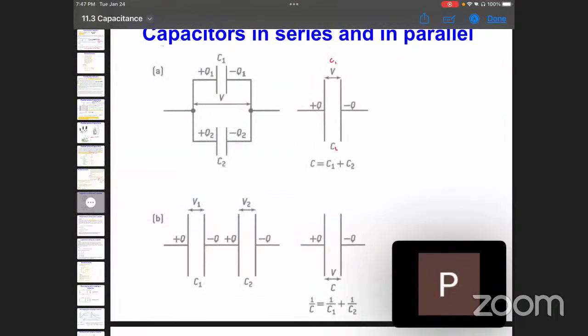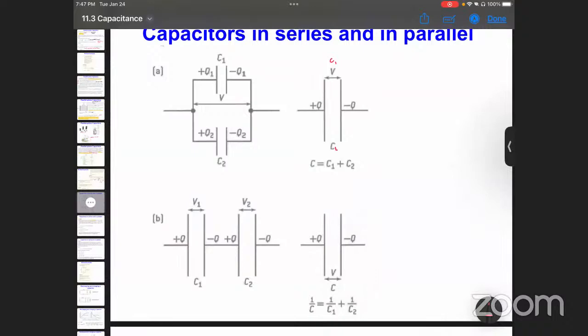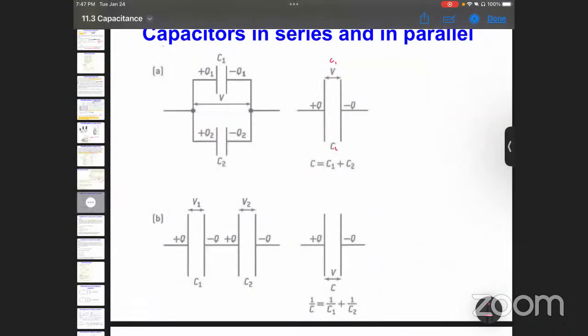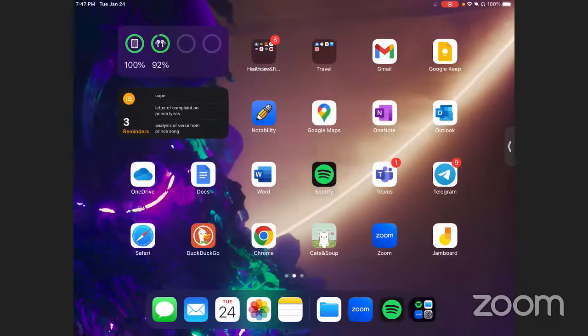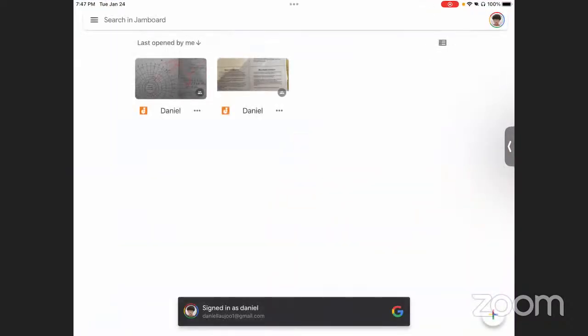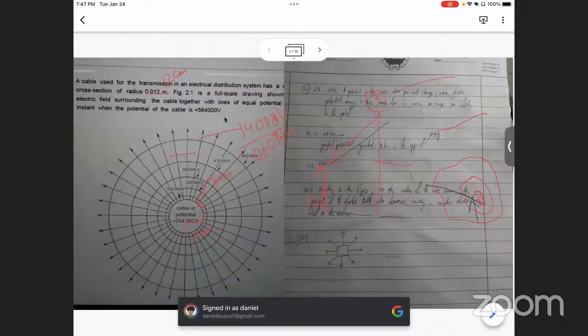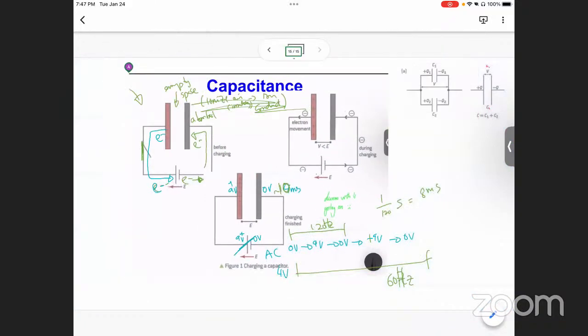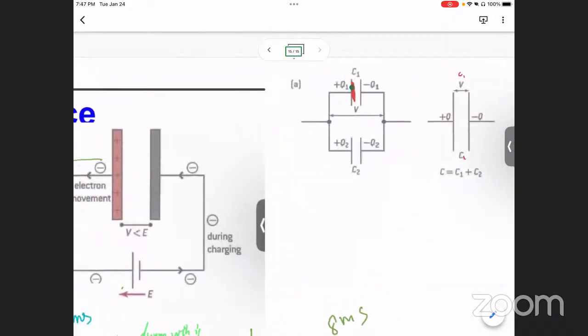So C1 and C2 don't exist on the right-hand side. It's combined already. However, what I want to explain is why it is C1 plus C2. It's extremely simple. If you look at the Jamboard, still at page 15, you see that the left plate is connected to the left plate, and the right plate is connected to the right plate.